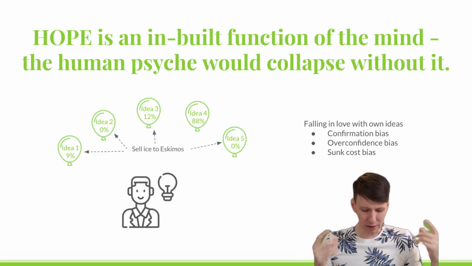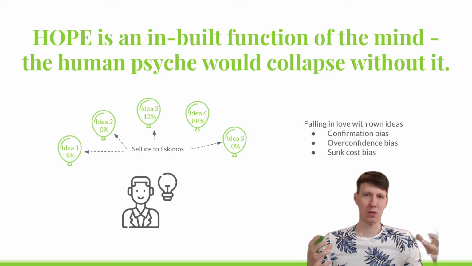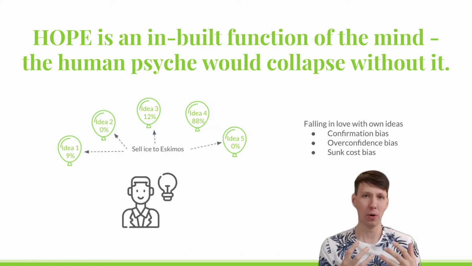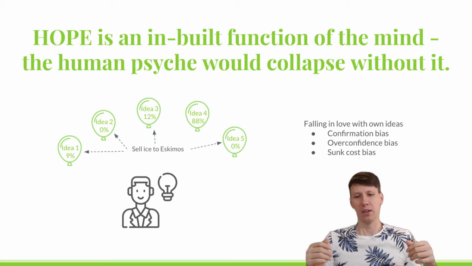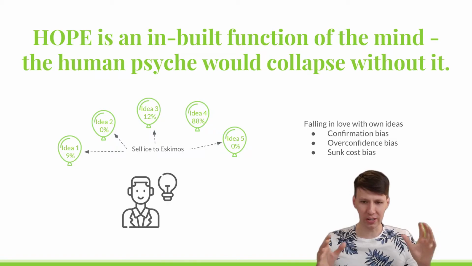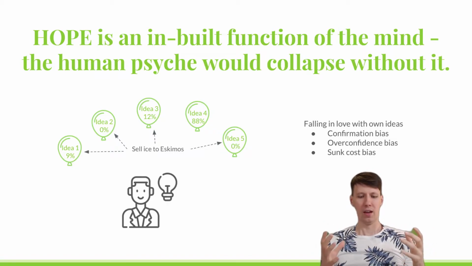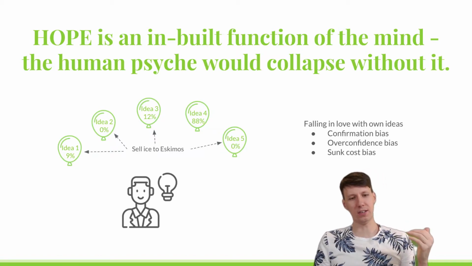So every time we get an idea, because we are humans, of course we believe and hope that it will work. And there are all these biases like confirmation bias, overconfidence bias, sunk cost bias, whatsoever. So we just keep pushing and pushing and pushing, even though the only way to go nowadays is to validate fast.